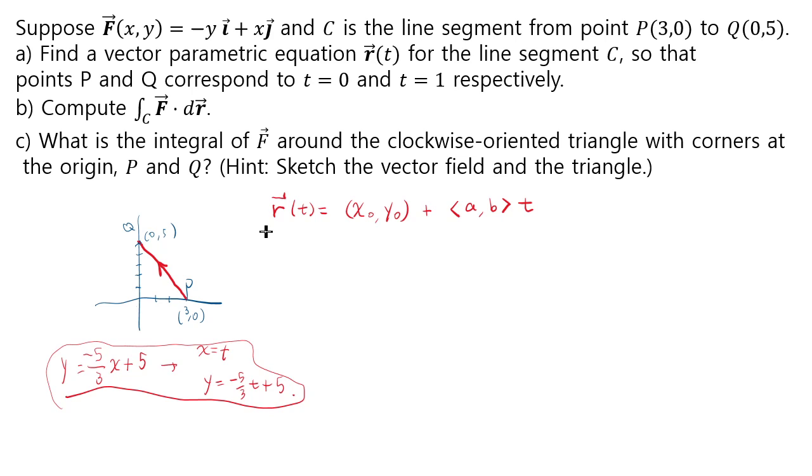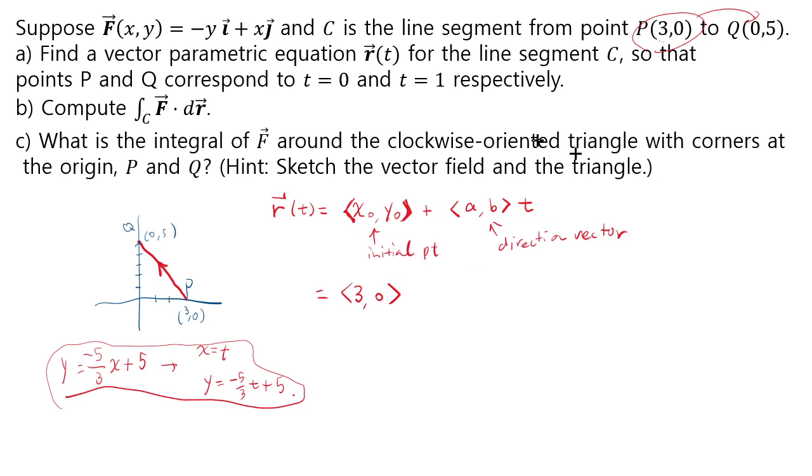I guess I still need to write this as a vector, but this is the initial point, and this is the direction vector. Okay, so let me show you how this thing works. Because we want to start from P and then go to Q, this is our initial. So 3, 0 is what we have.